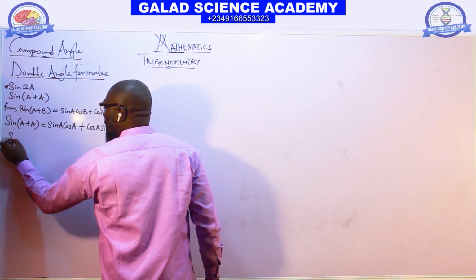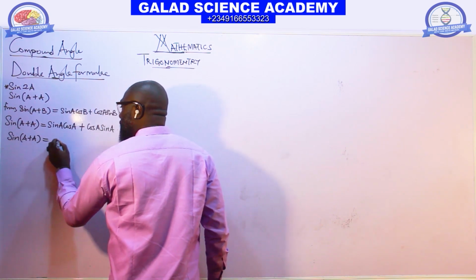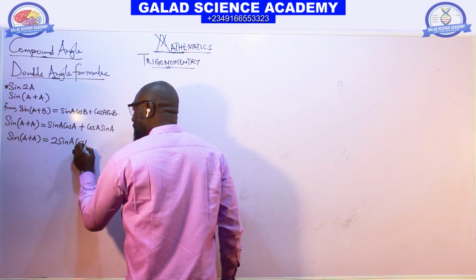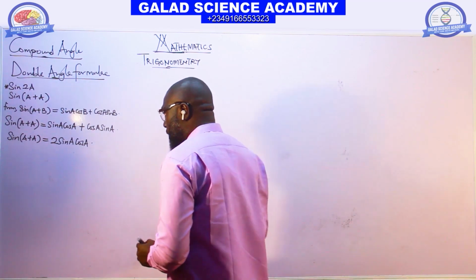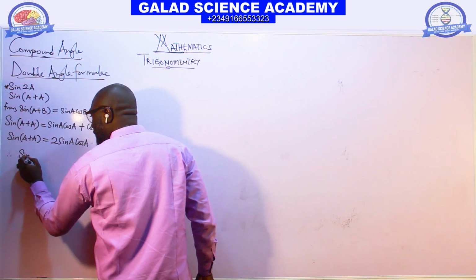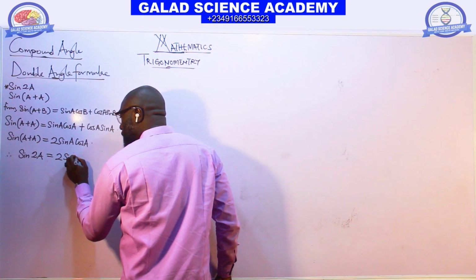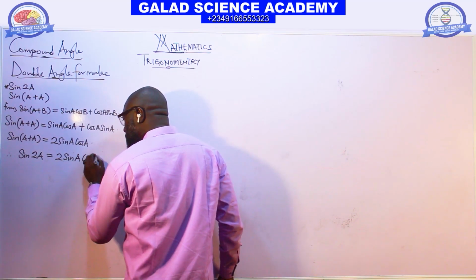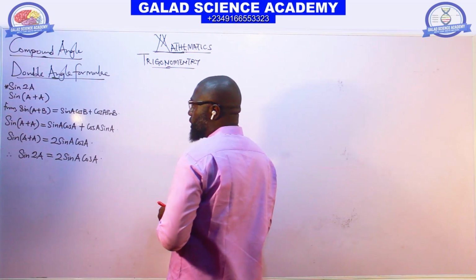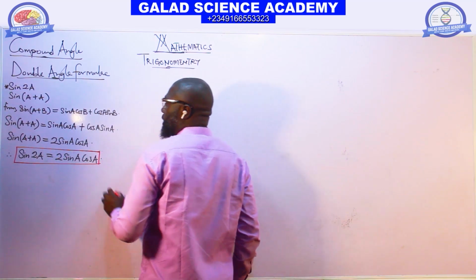If you add them together, you now have sine A plus A. It will give us 2 sine A cos A. Therefore, sine of double angle 2A will be 2 sine A cos A. So this is the value for sine 2A.